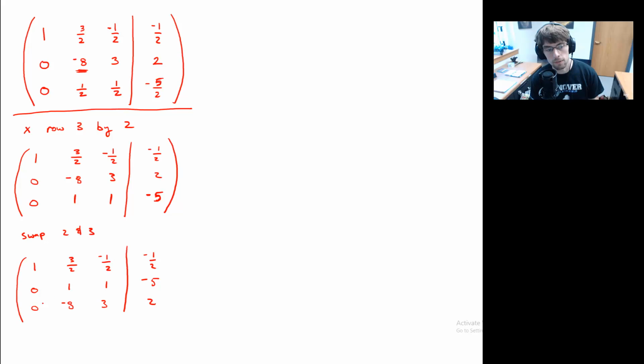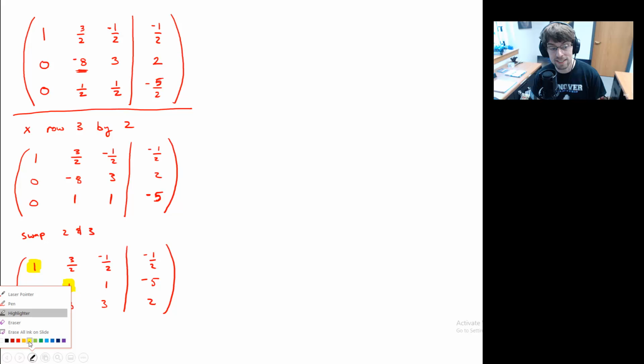And now I have successfully completed the next step of my Gaussian elimination. I have a 1 in the 1, 1 element. I have a 1 in the 2, 2 element. And now what I need to do is zero out the rest of the second column.